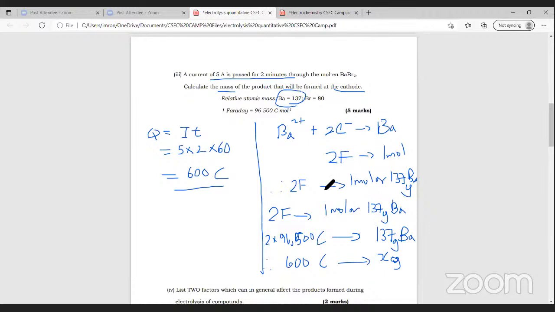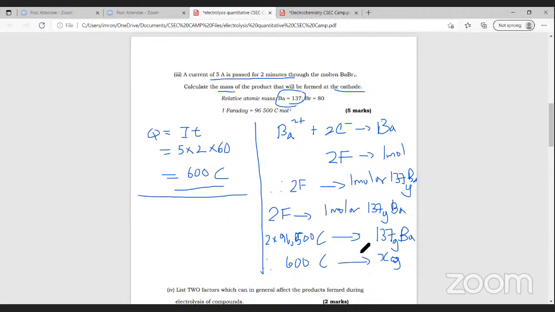I know that some of you love to do a lot of working. I've done a lot of reasoning and arrived at one calculation. Some of you will convert your Faradays to coulombs first, or convert your coulombs to Faradays and then do your calculation. No matter. Do what makes you comfortable, as long as you're following correct procedure, you'll be fine. So I'm going to shift this across to here.